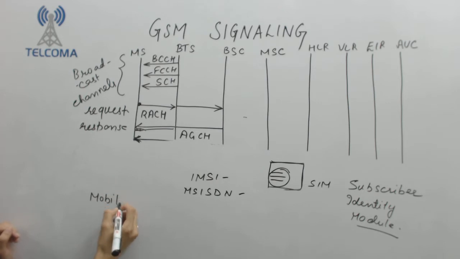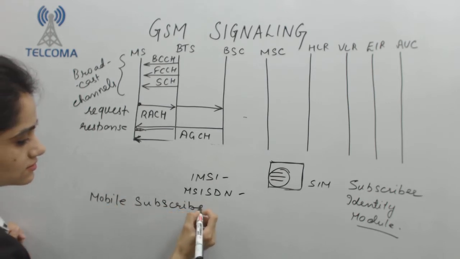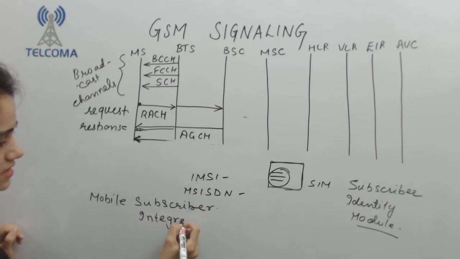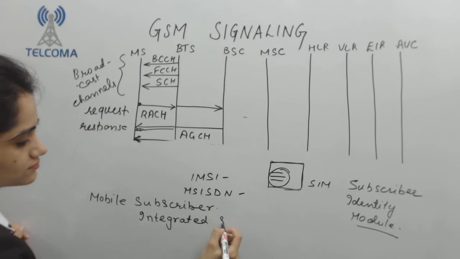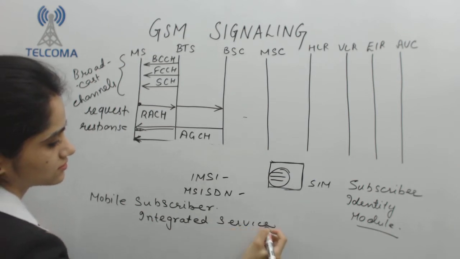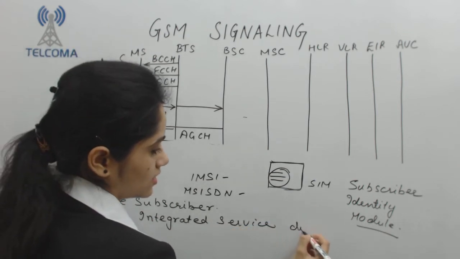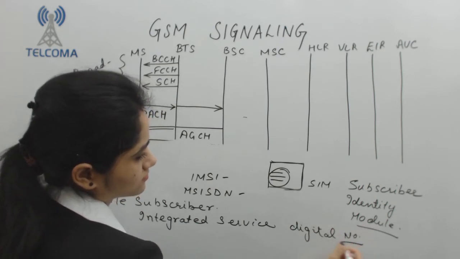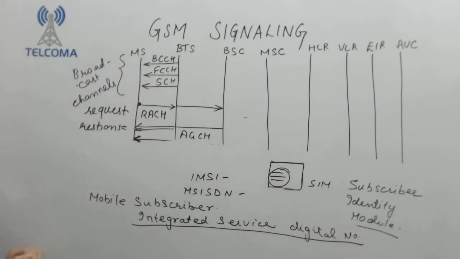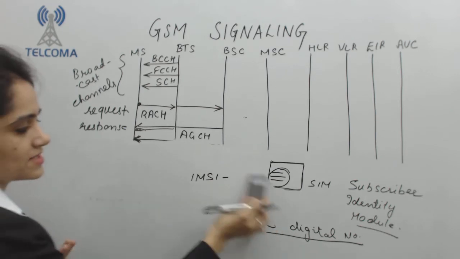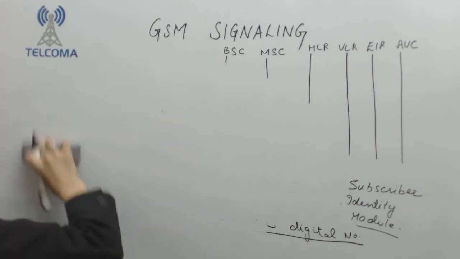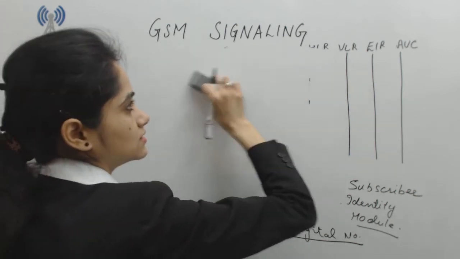MSISDN is Mobile Subscriber Integrated Service Digital Number. So these are the numbers, MSISDN and IMSI.